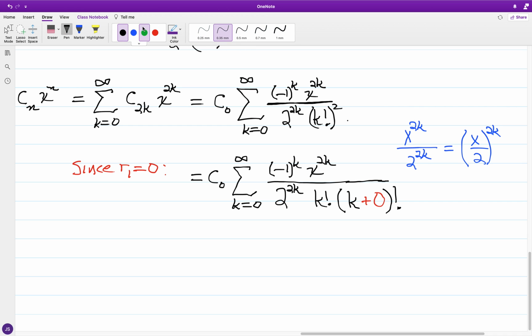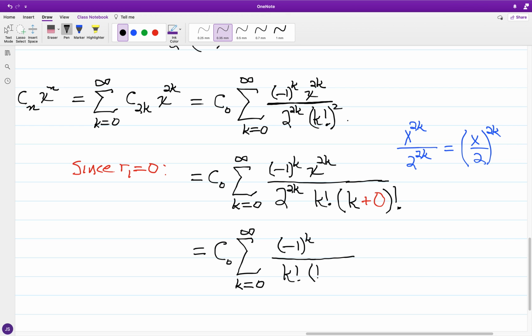Okay, so in this particular case I have C naught times the summation as k goes from 0 to infinity of -1 to the k, k factorial times k plus 0 factorial, and then for the x to the 2k and the 2 to the 2k, we have this ratio: x over 2 raised to the 2k.